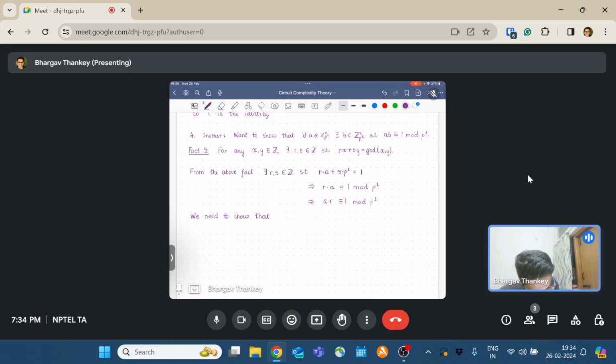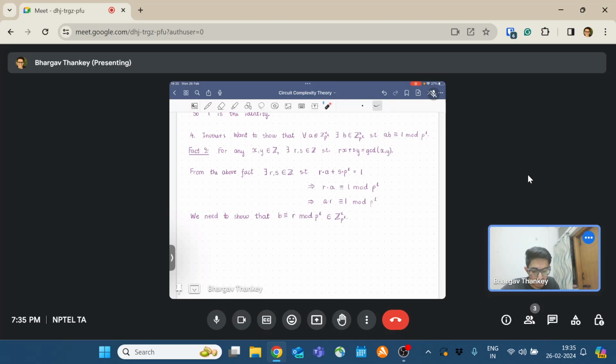So we need to show that B, which is equal to R mod P to the L, is in Z cross P to the L. So over here, I can replace R by B, right? Because mod P to the L doesn't matter. So we need to show that B is in Z cross P to the L, and then B would be the inverse of A, right?